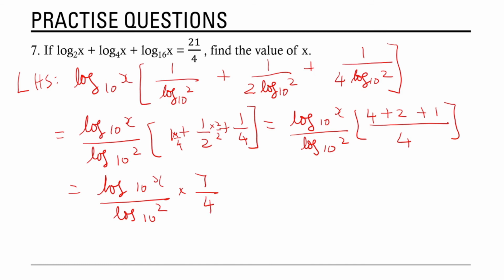This is equal to 21 by 4, as given in the question. So this 4 cancels out and this one goes.